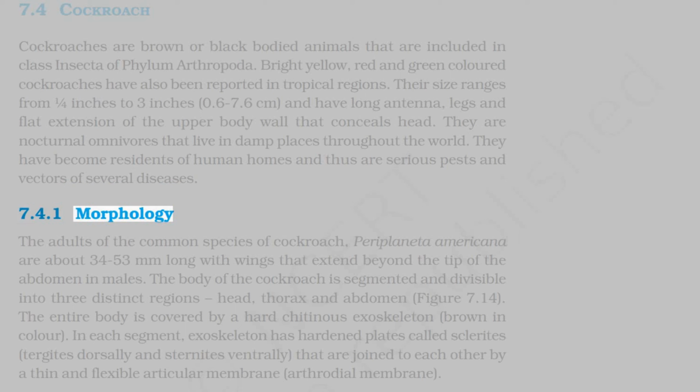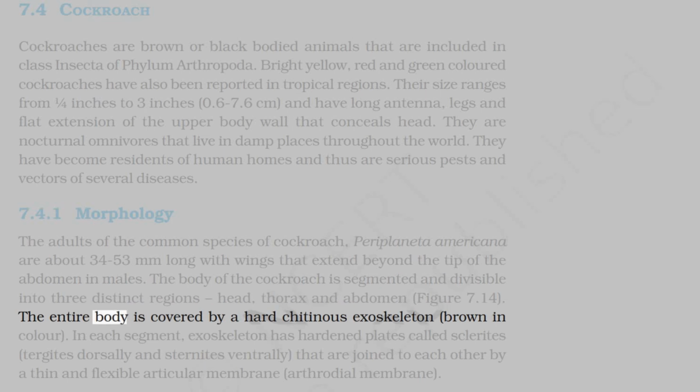7.4.1 Morphology. The adults of the common species of cockroach, Periplaneta americana, are about 34 to 53 millimeters long with wings that extend beyond the tip of the abdomen in males. The body of the cockroach is segmented and divisible into 3 distinct regions: head, thorax and abdomen, figure 7.14.